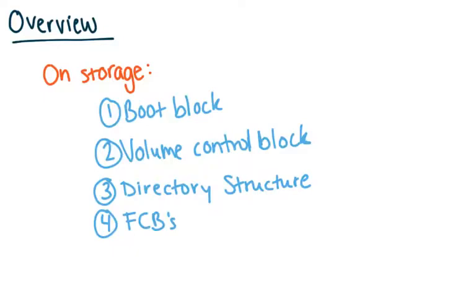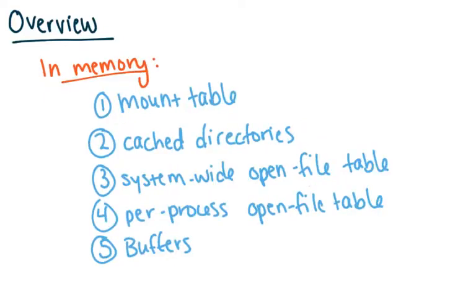And then the directory structure is also going to be on storage, and this is how your file system looks. We'll talk about directory structure and directory implementation in the next video. This is what's going to be stored on storage, and it's going to basically tell how things are organized, where your files are. And then your file control blocks and files themselves are all going to be also on storage.